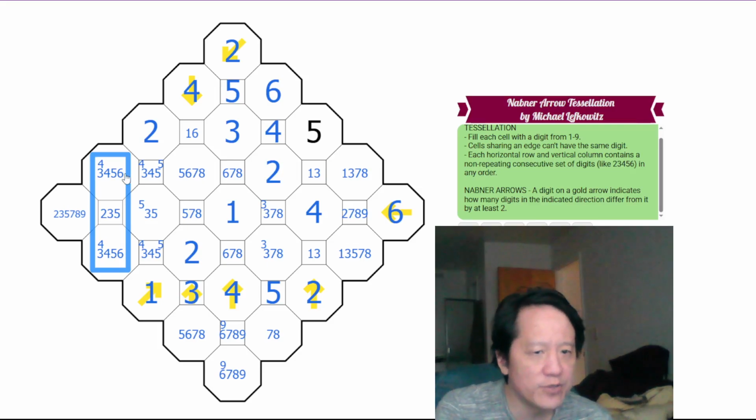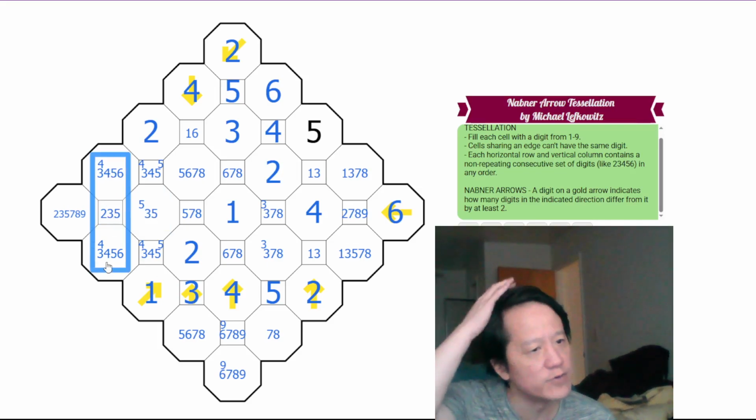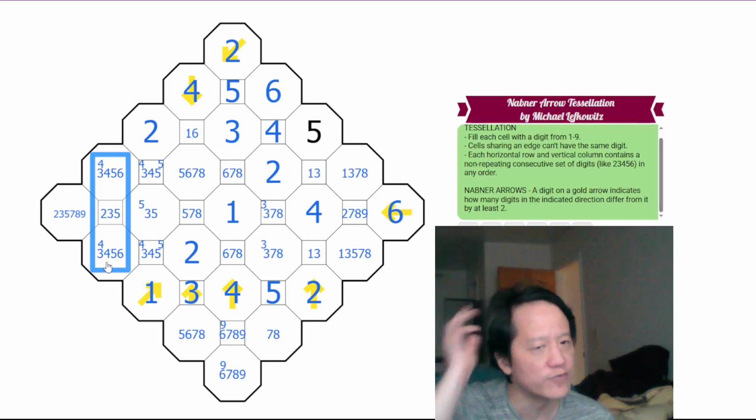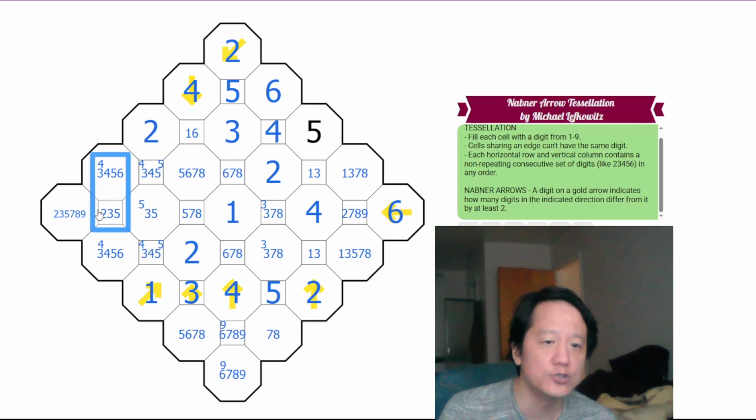And it cannot be 3, 4, and 5 because this 3, 5 pair sees all of those digits. So if it's 3, 4, 5, that would eliminate all possibilities for that cell. So it has to be 2 here or 6 in one of these two.